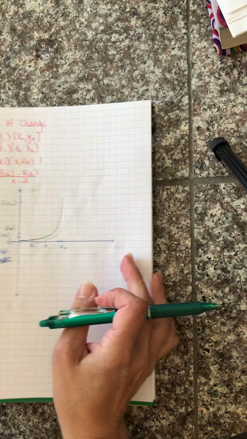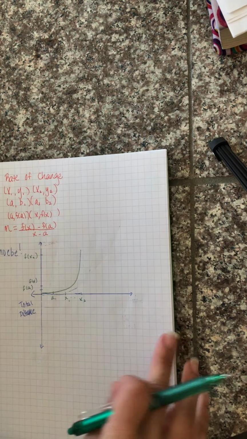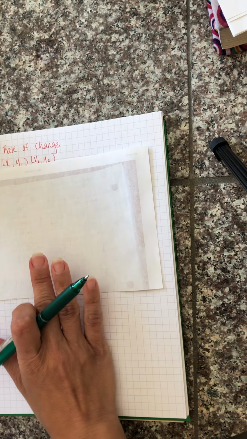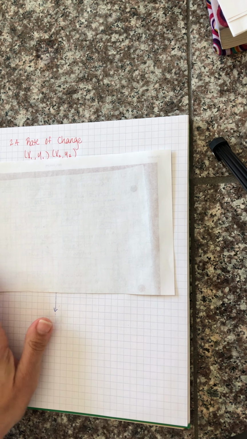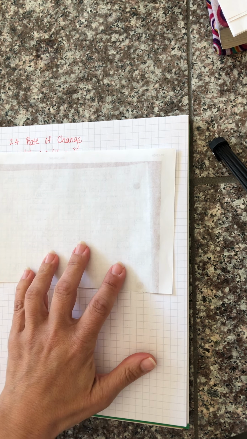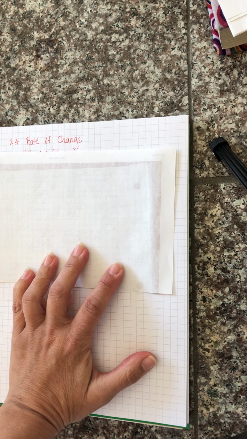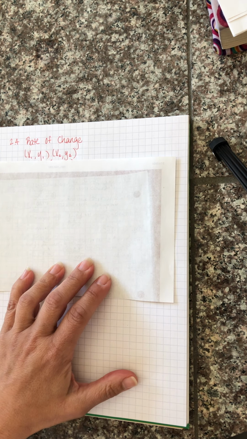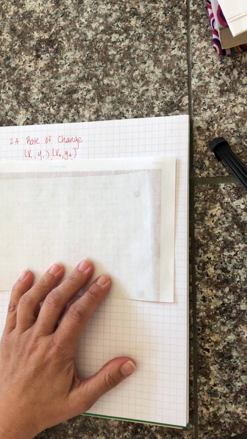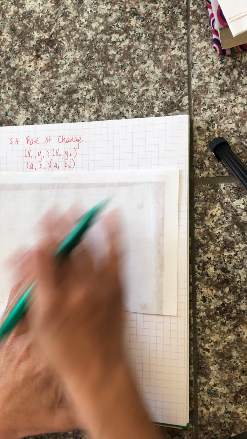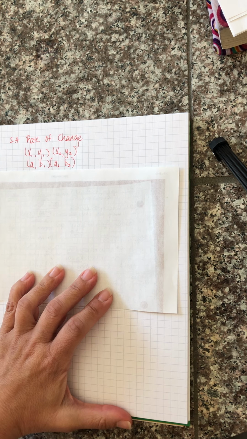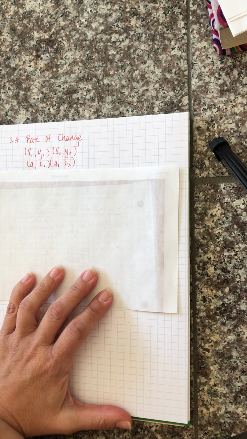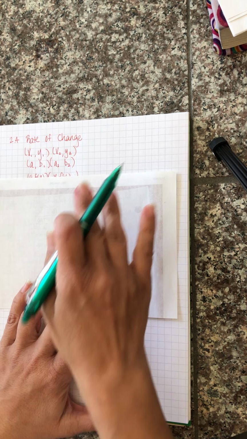Okay, average rate of change. What's average rate of change? Average rate of change is also known as slope. So when you very first learn slope, it's y2 minus y1 over x2 minus x1, and it doesn't matter the letters you use. It could be b2 minus b1 over a2 minus a1, fine.